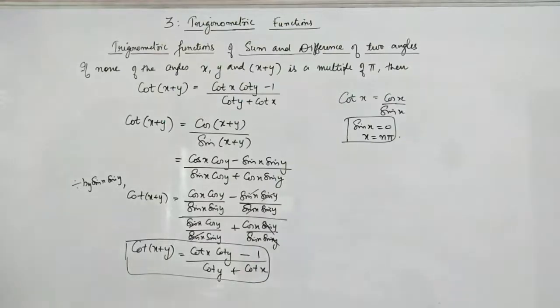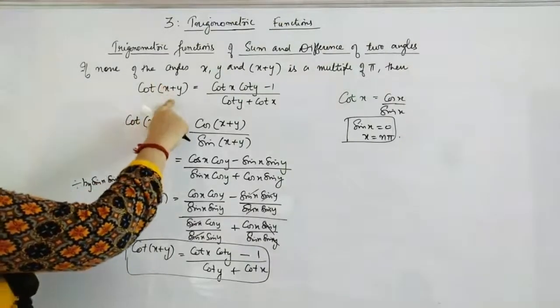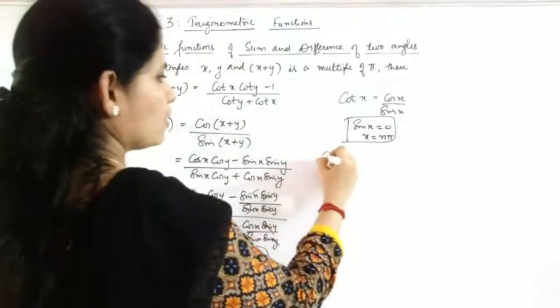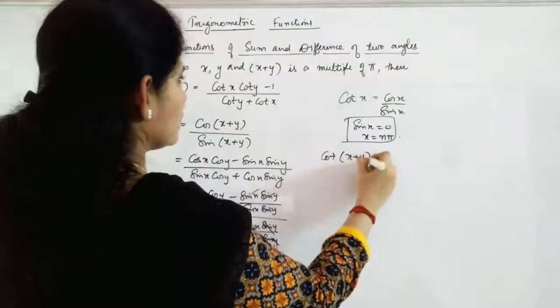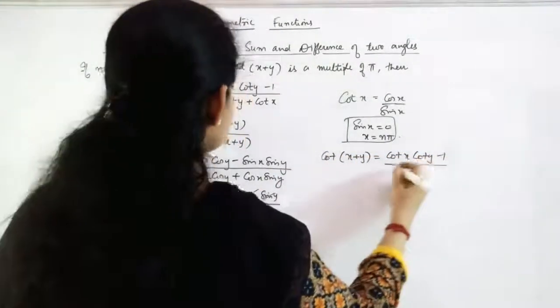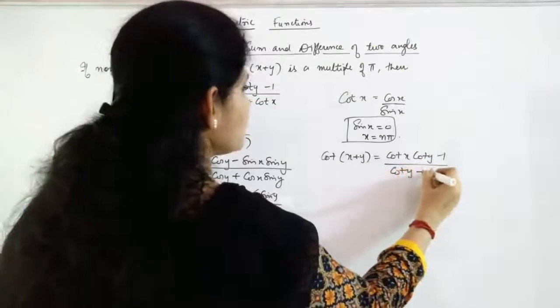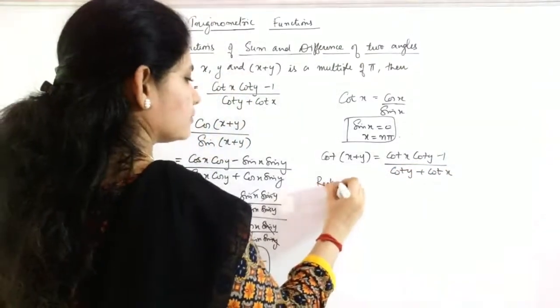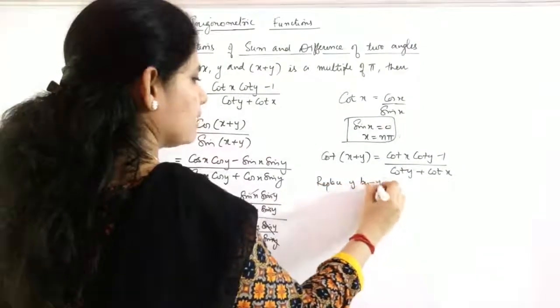Now we will go for the next one, that is what will be cot of x minus y. For that we will start with this and replace y with minus y. So cot of x plus y is cot x cot y minus 1 divided by cot y plus cot x. Replace y by minus y.